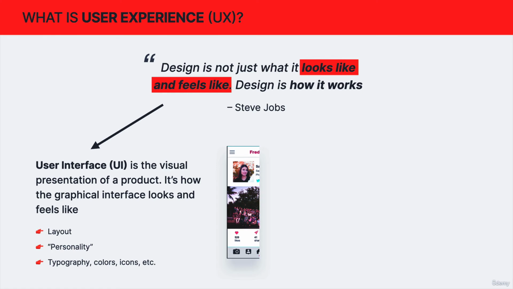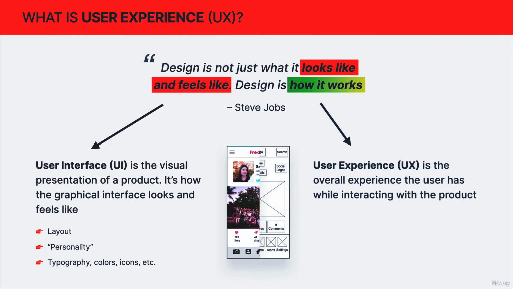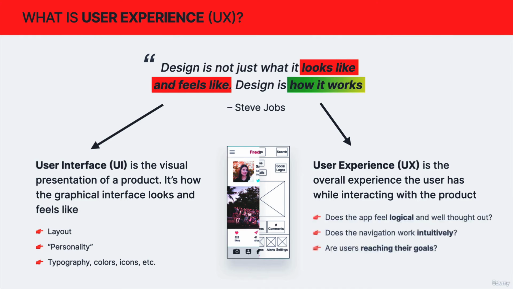But then Steve Jobs actually said that design is how it works. And so that how it works is what refers to the user experience. So in a nutshell, user experience is simply the experience that a user has while they interact with a product. And so when we think about and design the user experience of a product, we ask questions like, does the application feel logical and well thought out?